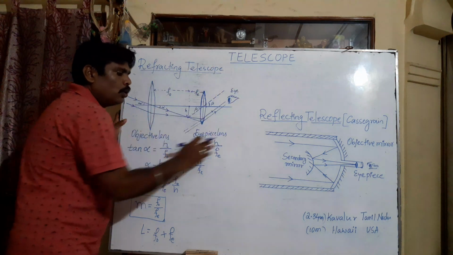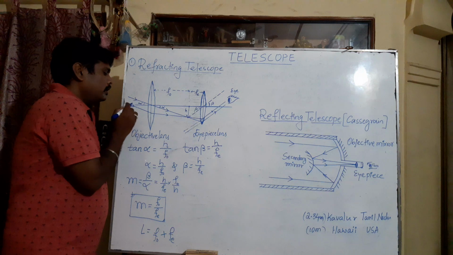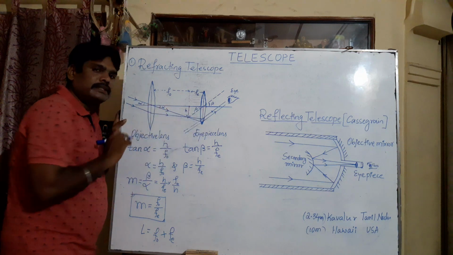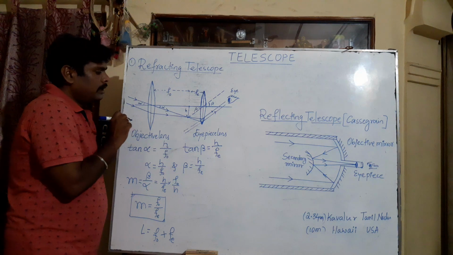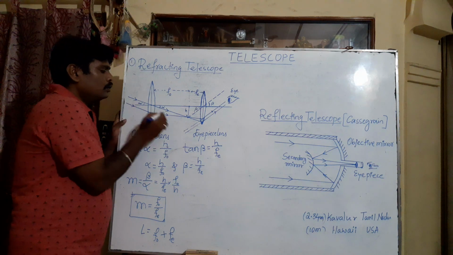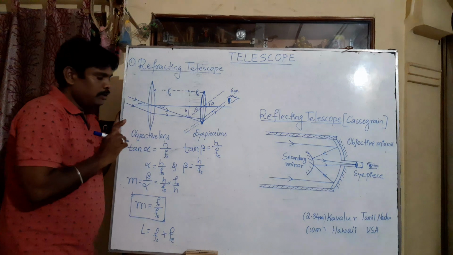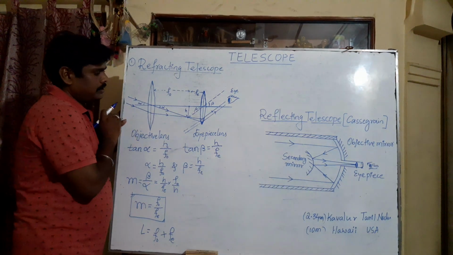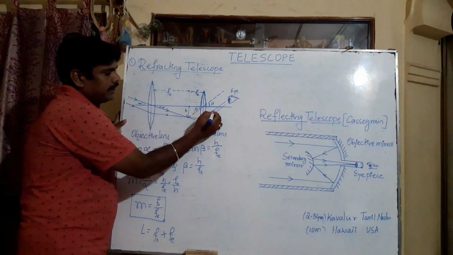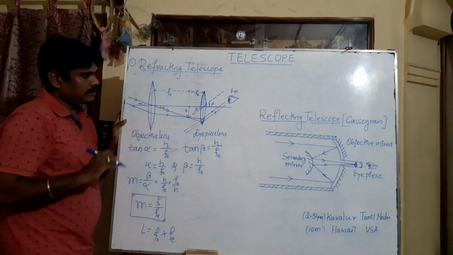Even if you complete the whole diagram, if you do not write these arrows, you will get 0 marks, because the ray diagram has value only when you mention the direction of light, because a light ray has a direction. So don't miss writing these arrows while drawing the diagram.